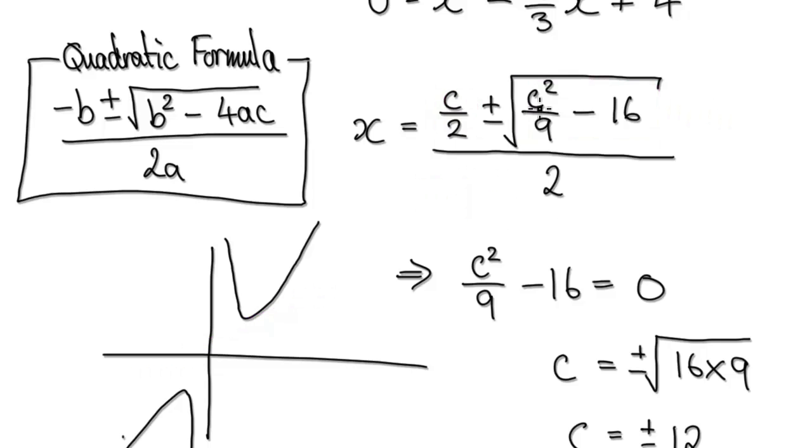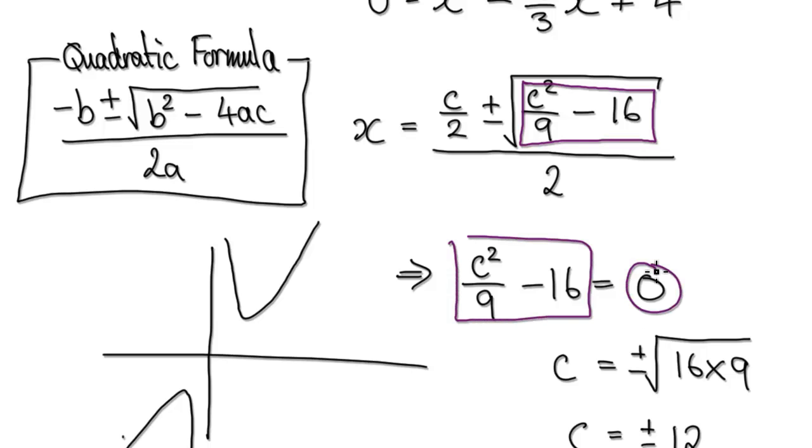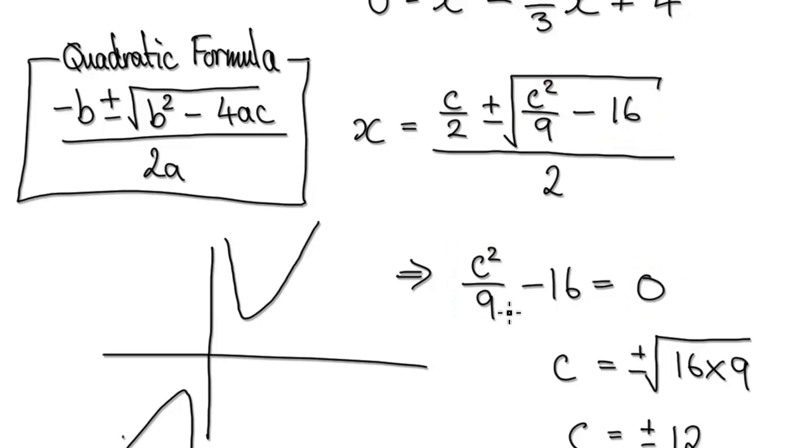So for you to demand one solution is the same as you demanding that this equals 0. So now add 16 to both sides, times 9, and then square root. Well, c equals plus minus. Remember, this plus minus is not the same as this plus minus here.